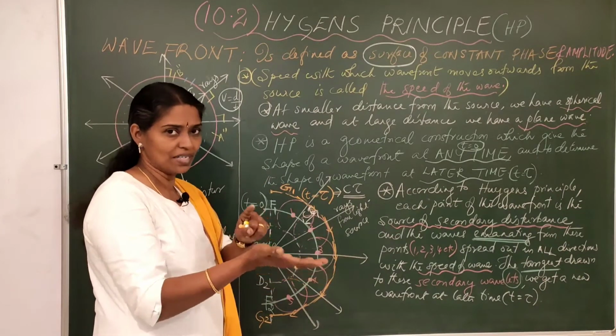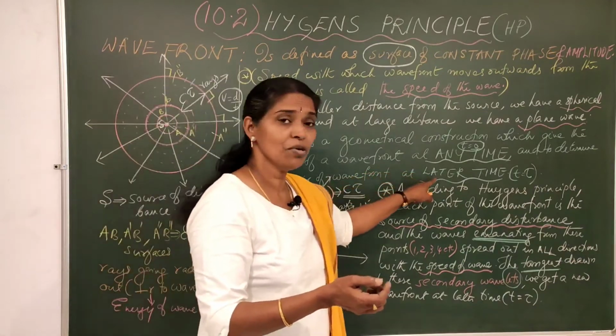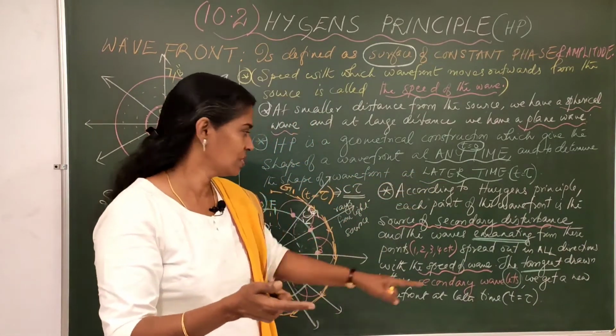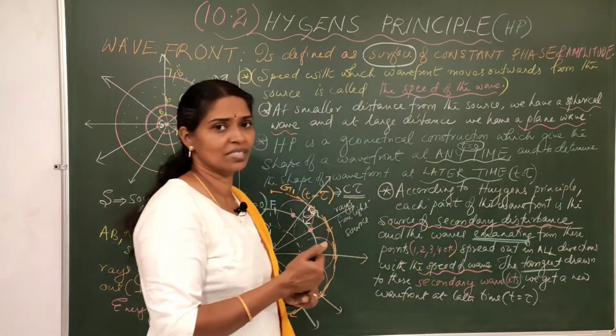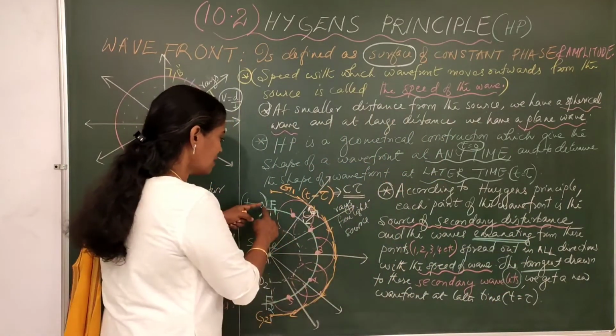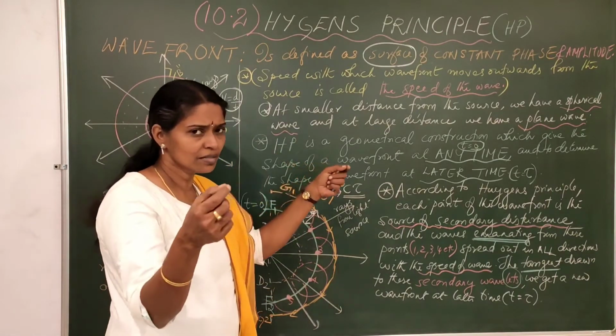Now the second part is, you have to create another wavefront, right? At a later time you need a wavefront. How to? The source of secondary disturbance. I told you, you can thread beads on a thread which makes a chain.